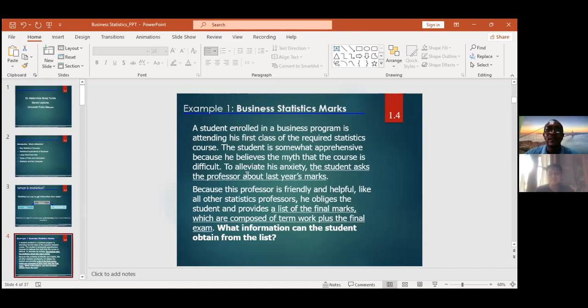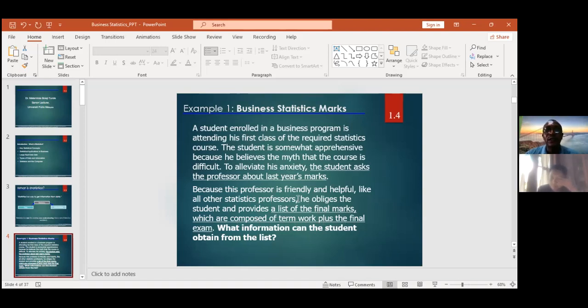So many students think that statistics is very difficult. To alleviate this anxiety, the student asks the professor about last year's marks. Because this professor is friendly and helpful, like all other statistics professors, he obliged the student and provided a list of final marks, which are composed of the term work plus the final exam.